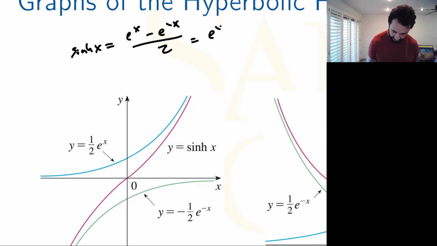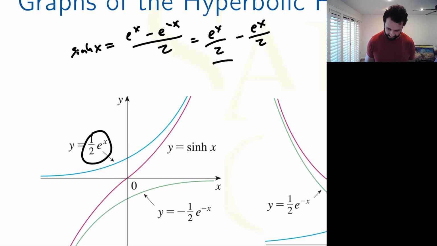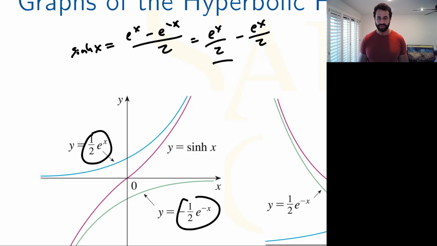Well, this is e to the x over 2 minus e to the negative x over 2. But e to the x over 2 is half e to the x. And negative e to the negative x over 2 is negative 1/2 e to the negative x. So what this is saying is, if you want to produce this graph for sinh of x, you're going to add the outputs of these two individual functions right here.